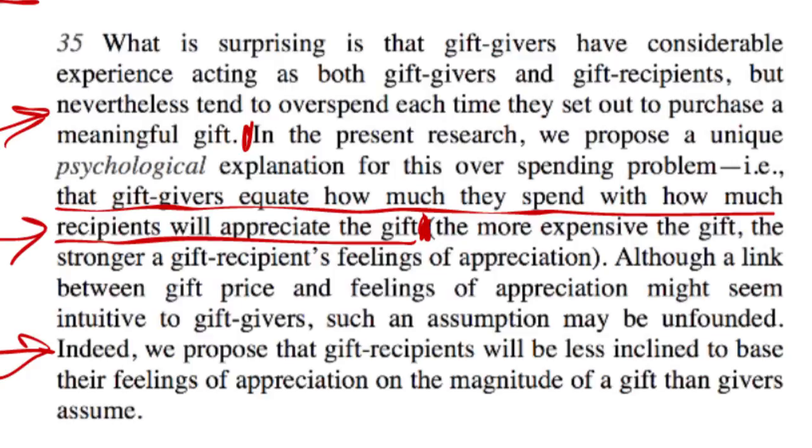That is, that gift givers equate how much they spend with how much recipients will appreciate the gift. The more expensive the gift, the stronger a gift recipient's feeling of appreciation. Although a link between gift price and feelings of appreciation might seem intuitive to gift givers, such an assumption may be unfounded." Do you see that?